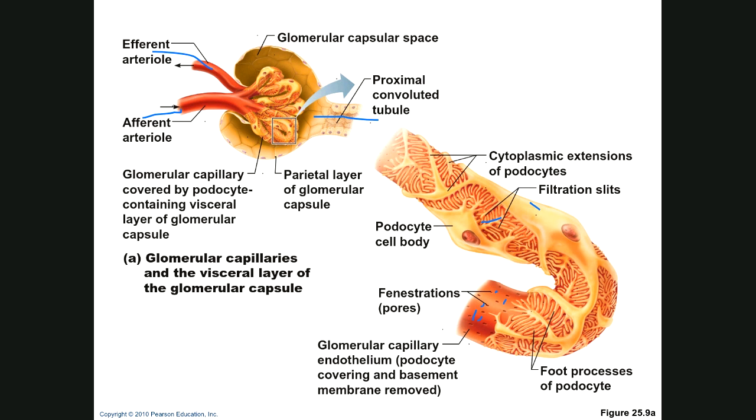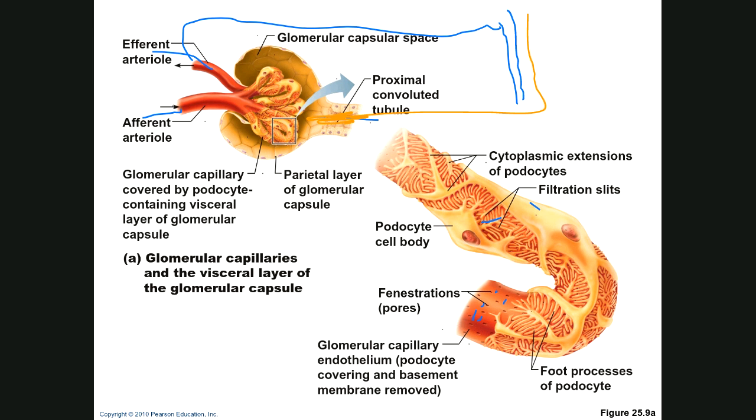Now, what's going to happen for this to make sense is your efferent arteriole. Let's see, I'm in blue here. This will be our sludge blood. This is coming from here. It is going to sit side by side, I'll change colors here for a second, with the proximal convoluted tubule. So they're going to sit side by side.